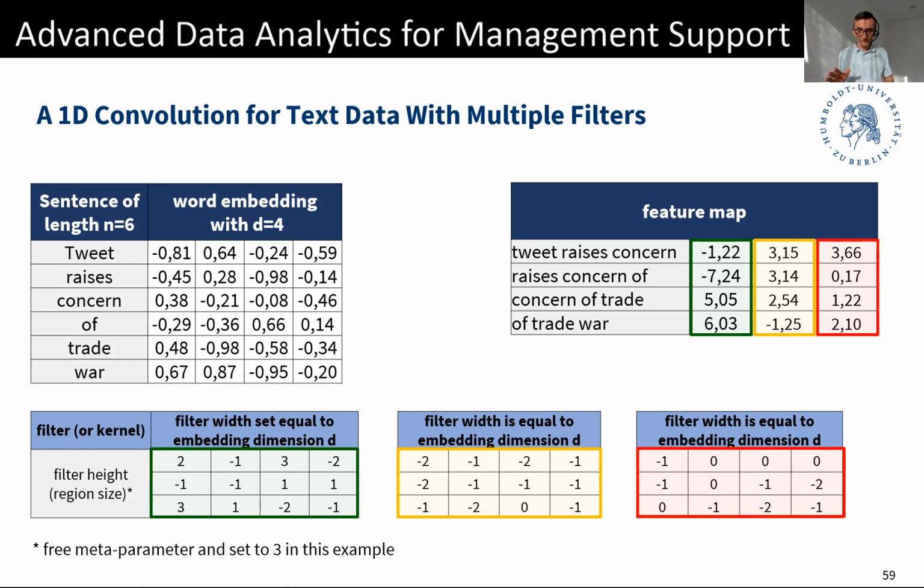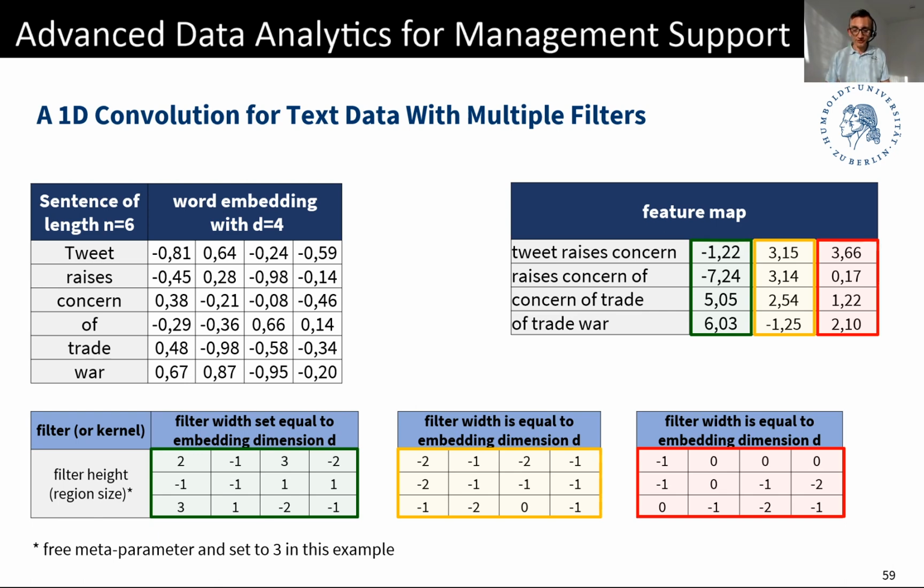Here we have 3 filters. In this example, all of them have the same region size. That is not necessarily the case. The region size of a filter is a meta-parameter that you can choose. Do I need to say that the embedding dimension of the filters is not a meta-parameter and that you cannot choose that? I probably don't have to say that. It's always equal to D by design, or you have to design it that way.